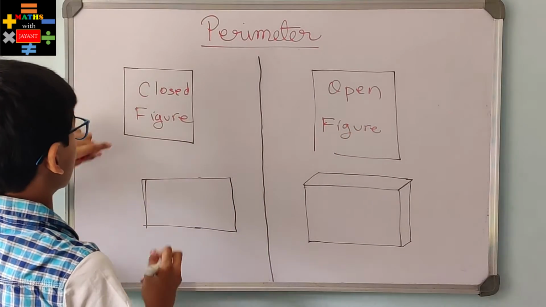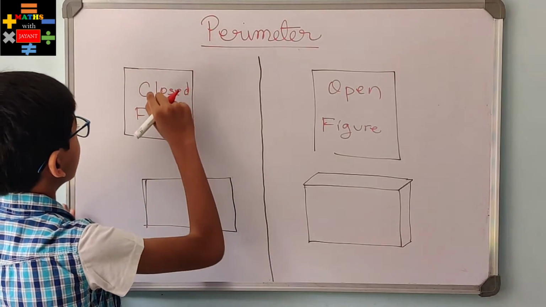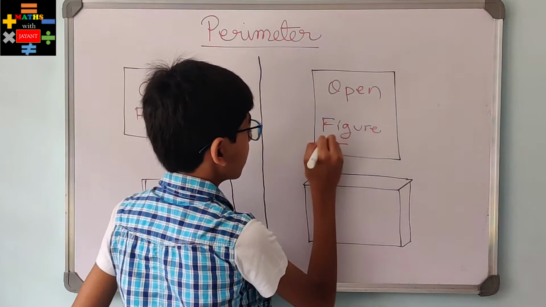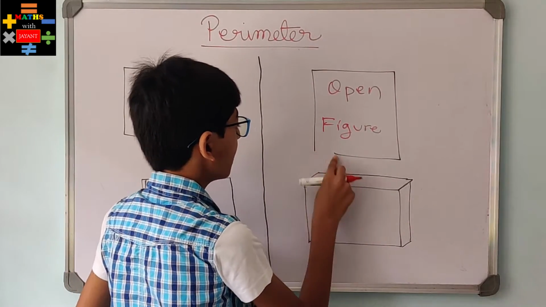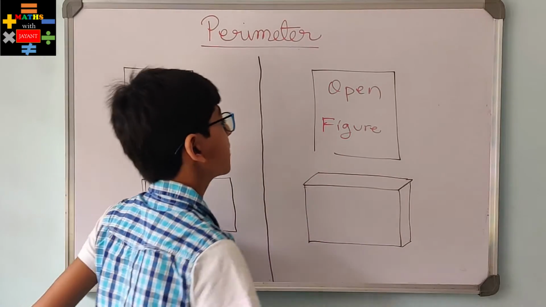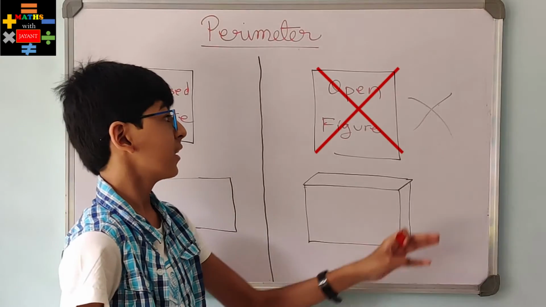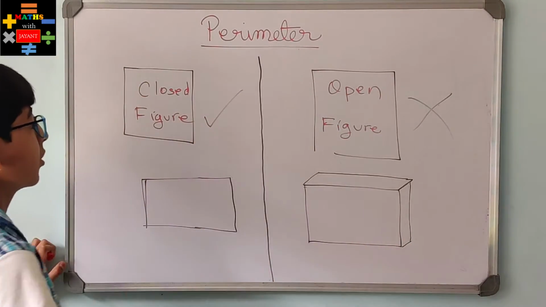In this closed figure, if there's something inside, it can only go out if it passes through its boundary. While in the open figure, it can just come out through here without passing through the boundary. So in open figures, the perimeter does not exist. It exists only in closed figures.